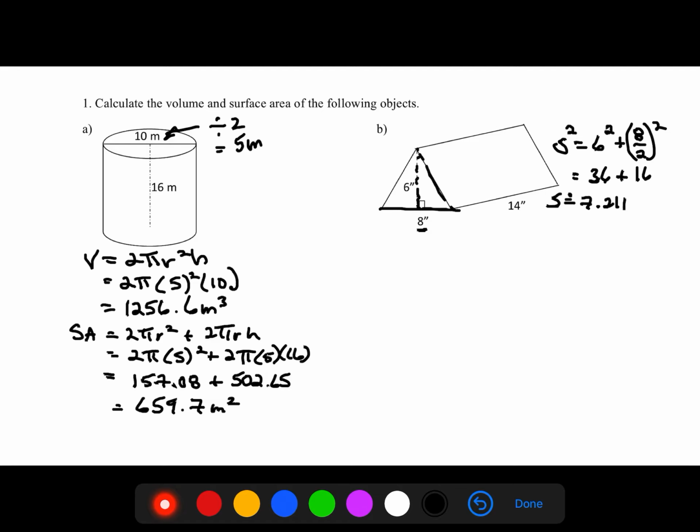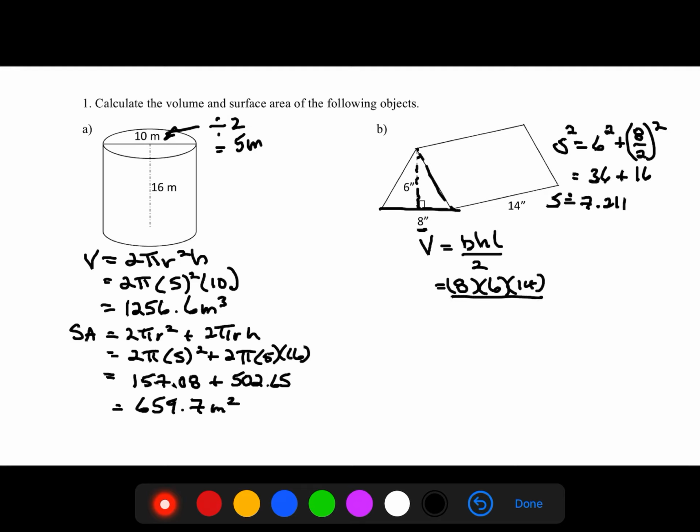Now we're going to keep some extra decimal places here because we know we need to use this in the next step. So we're still rounding, but we're going to keep a few decimal places at least to sub into our solutions. So volume, first of all, is our base times height times length divided by 2.